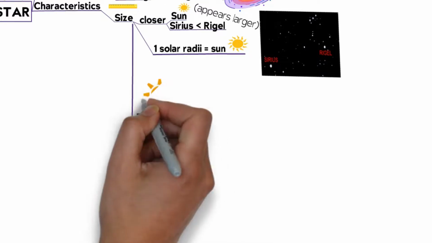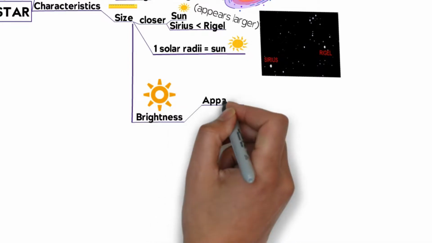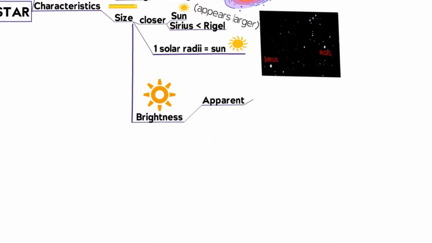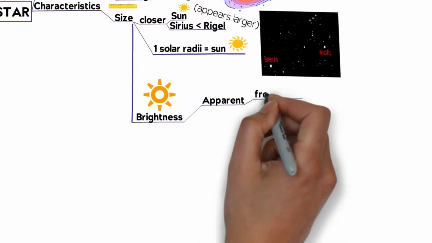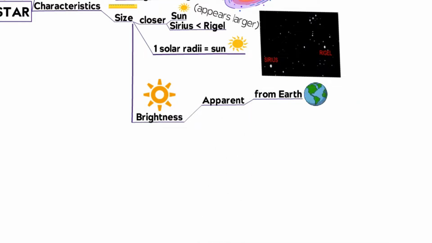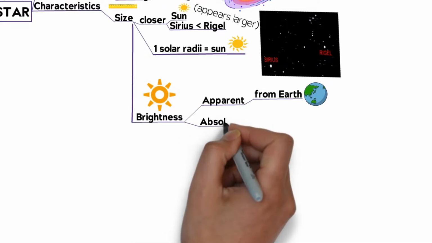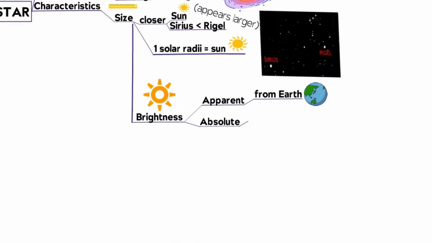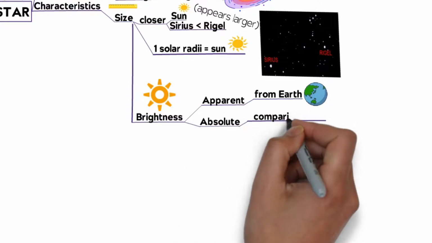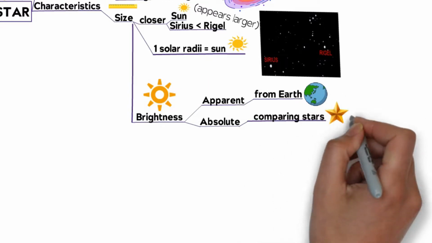Number 2, brightness. The brightness of a star as seen from the Earth depends on two factors: distance and the actual brightness of the star. Apparent brightness is the star's brightness as seen from Earth. It depends on how far a star is from the Earth, while astronomers consider the star's absolute brightness when comparing stars.